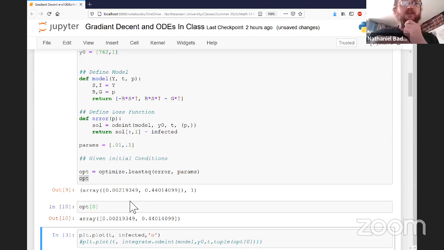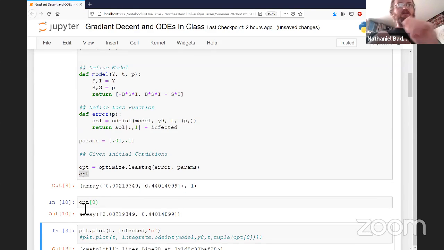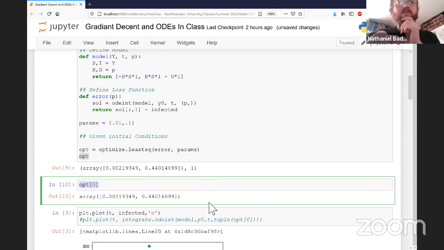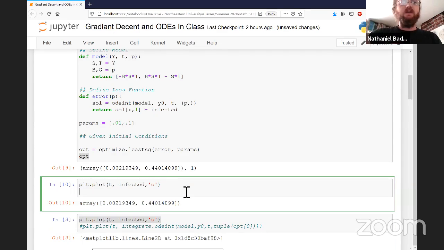So we do have to do a little bit of work to actually extract these parameter values. For instance, we do 0, then we get the array, great. So if we want to plot this, we'll plot our infected, and then we want to take these parameter values, feed them back in, and see how we did.